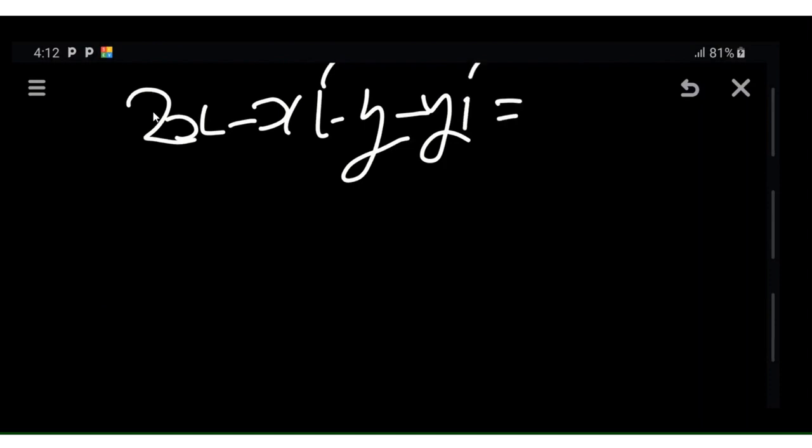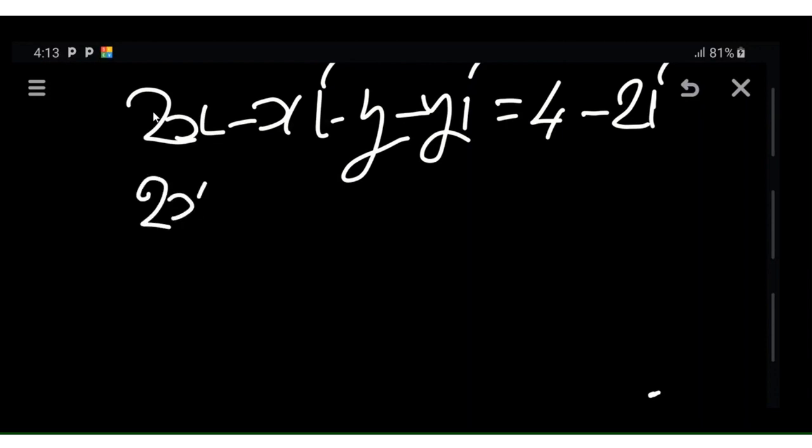So you have 3 plus 1 is 4, and minus 3i plus i is 2i. So from here you group like terms together, imaginary number, like complex, imaginary number, and the real value, real number.